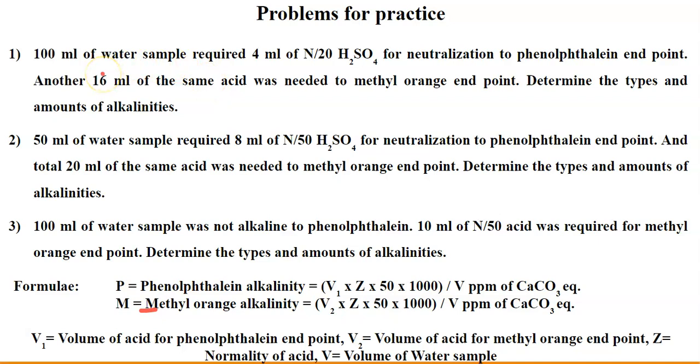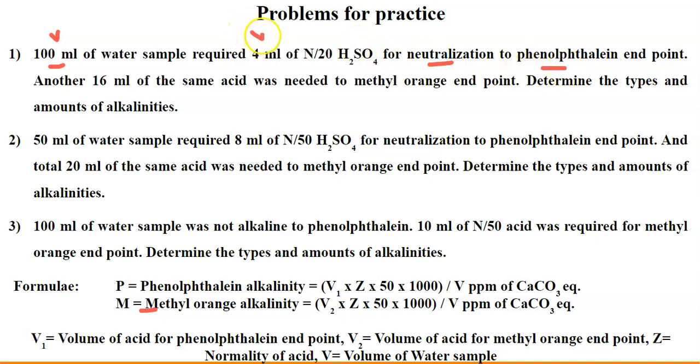Like, let's look at the first question, that here it is given that 100 ml of water sample required 4 ml of N by 20 H2SO4 for neutralization. So capital V in this is 100 ml. Okay, it required 4 ml of N by 20 H2SO4 for neutralization to phenolphthalein endpoint.